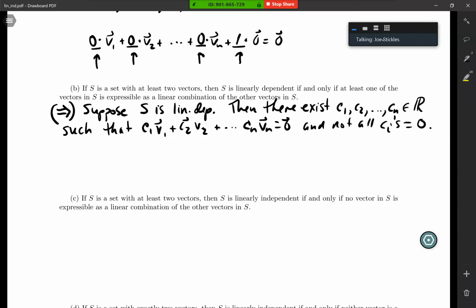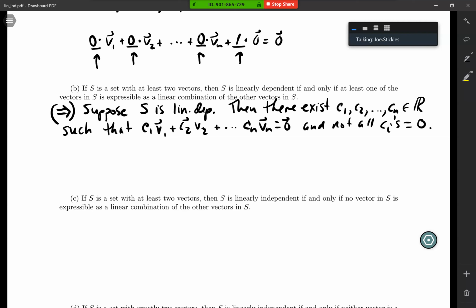Some of them could be 0, but linearly dependent means that we would have a linear combination that gives us the 0 vector where at least one of these is not 0, like what we had up here in the previous part. At least one of these vectors was not 0. Or excuse me, at least one of the constants was not 0. Okay? All right. So, if they're not all 0, let's suppose for argument's sake that C1 was not 0.